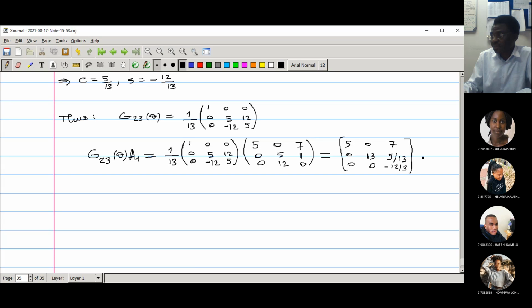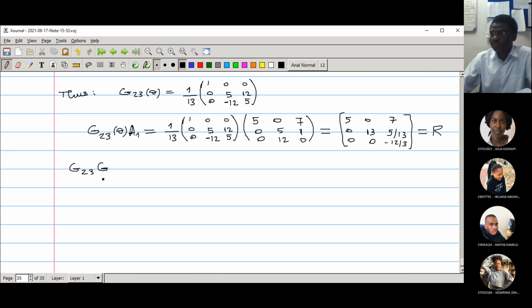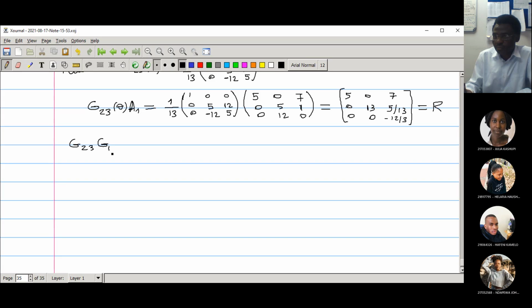So now let us rewrite things properly. So this is G21, and A1 is G12 applied to A, that gives us R.